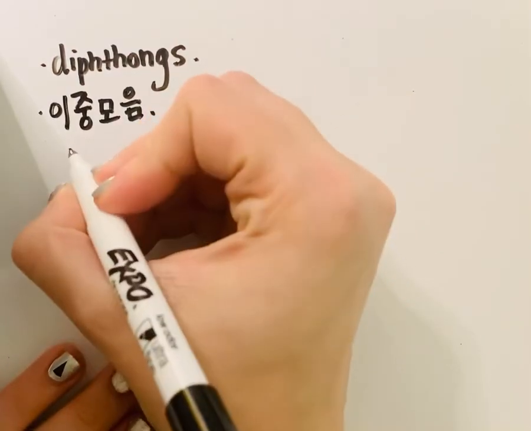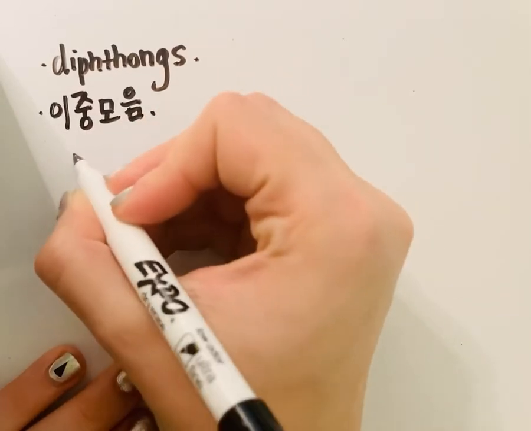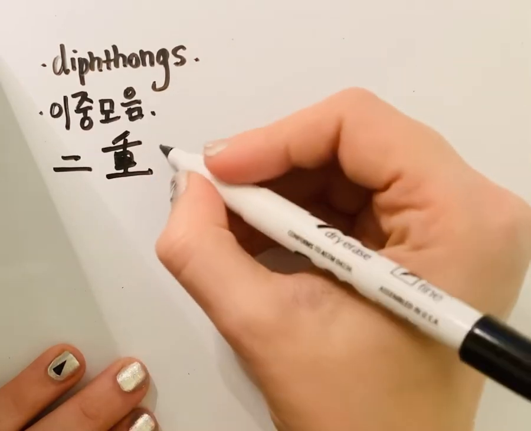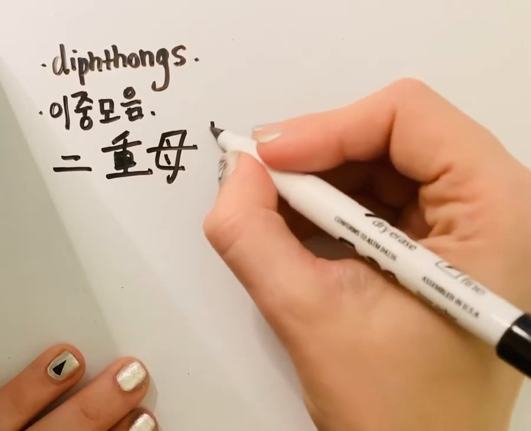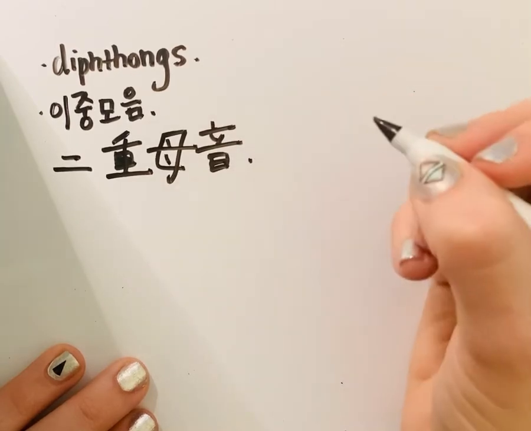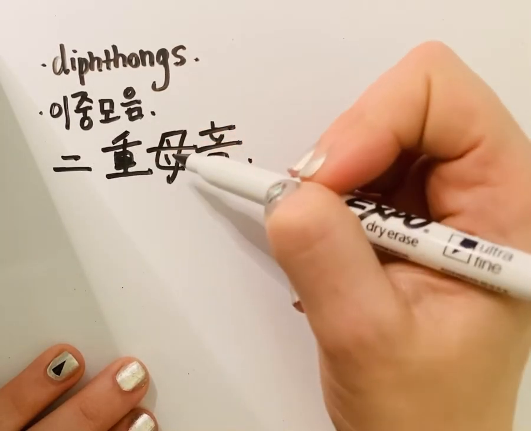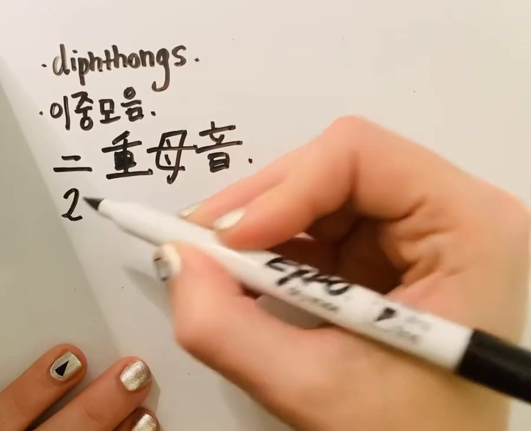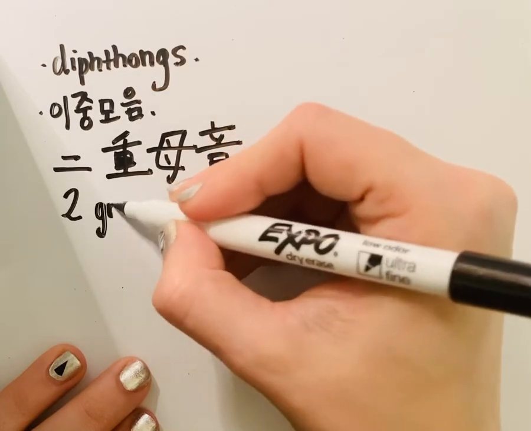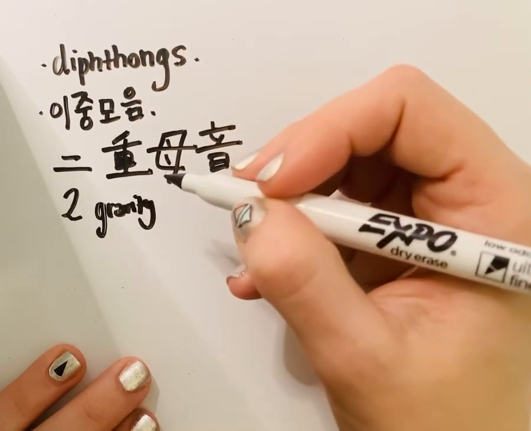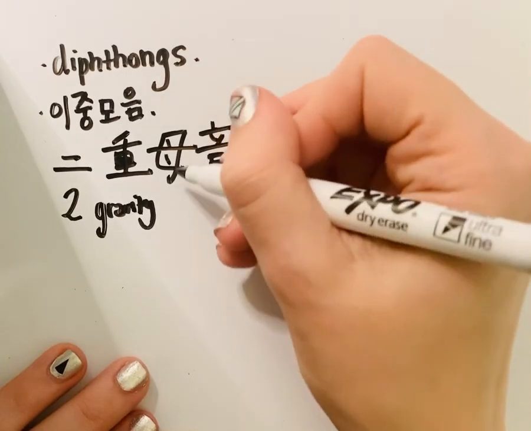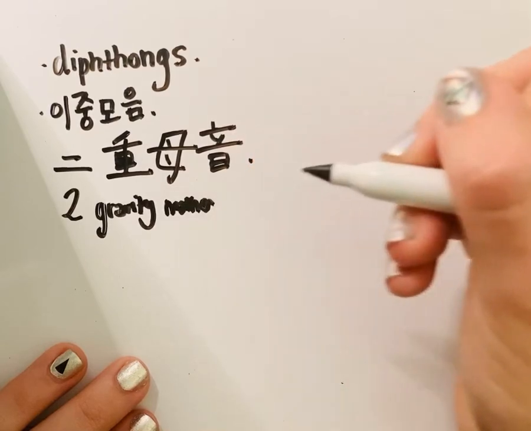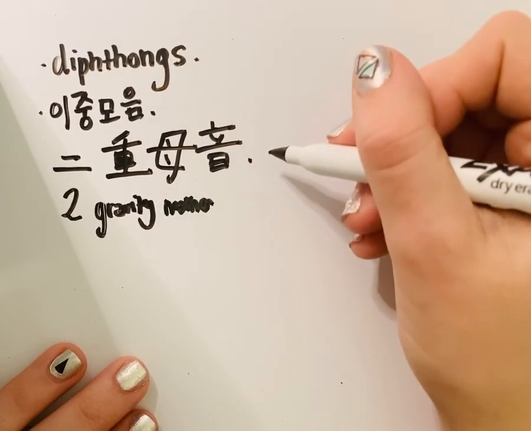And this has a Sino-Korean origin, so there are Chinese characters we can analyze to further drive home this point. And here they are: 이, 중, 모, 음. When we look at the meanings, 이 means two, 중 means something that has gravity, it holds weight. 모 has some other meaning, like in the word 엄마. 음 is like from 음악.